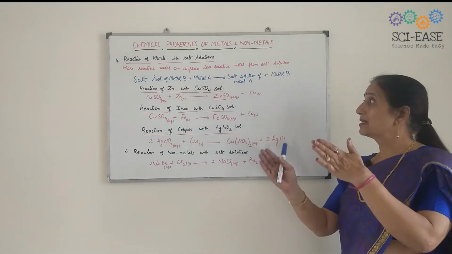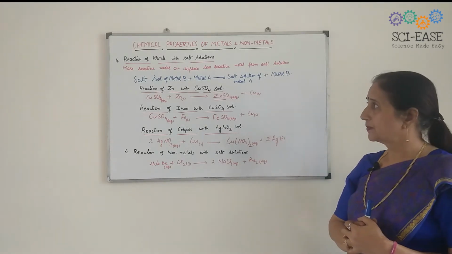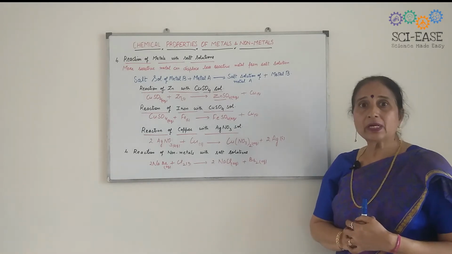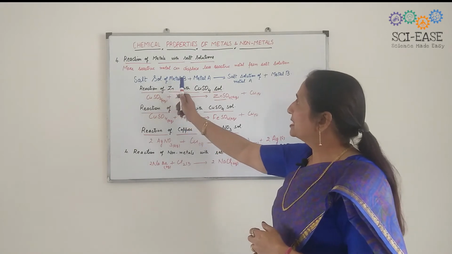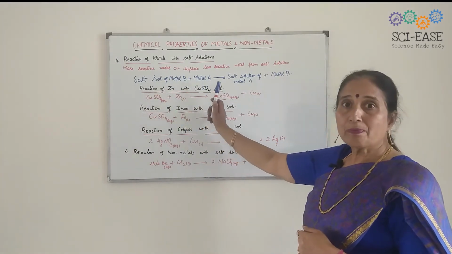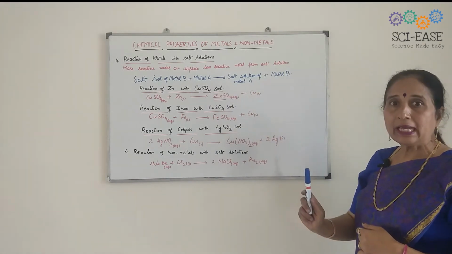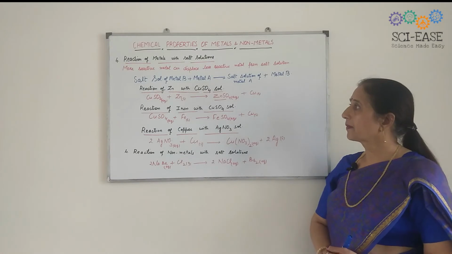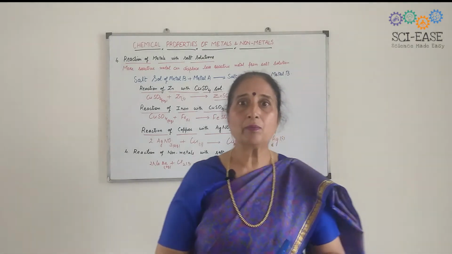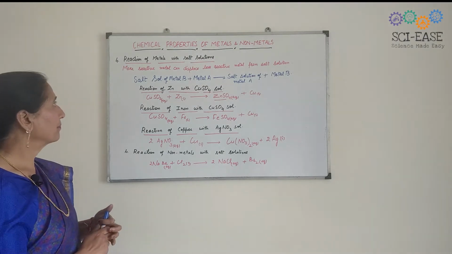Less reactive metal can't displace the more reactive metal from the salt solution. The general chemical equation will be: salt solution of metal B plus metal A forming salt solution of metal A plus metal B. Now the things will become clearer by considering some examples.